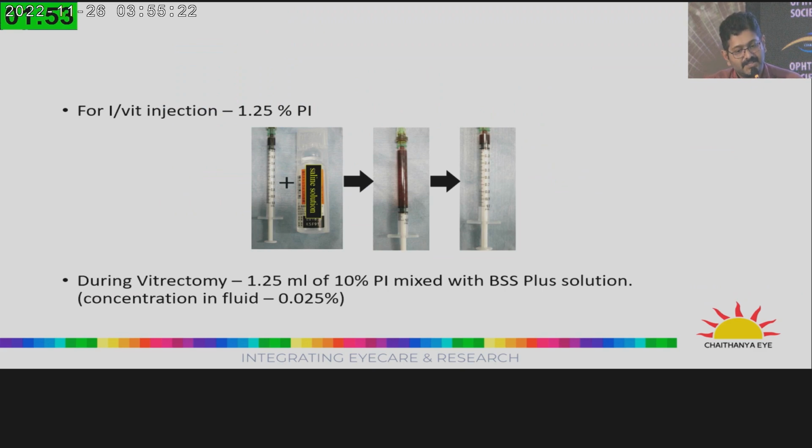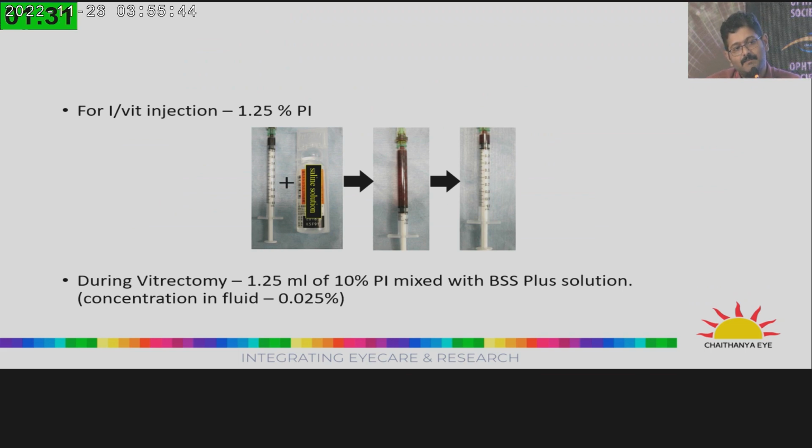So how did they prepare the injection? What they found was that 1.25% povidone iodine has no ocular retinal toxicity. So they took 0.1 ml of 10% sterile povidone iodine. That has to be very clear, because the bottles we have opened up are very prone to get contaminated with Pseudomonas.